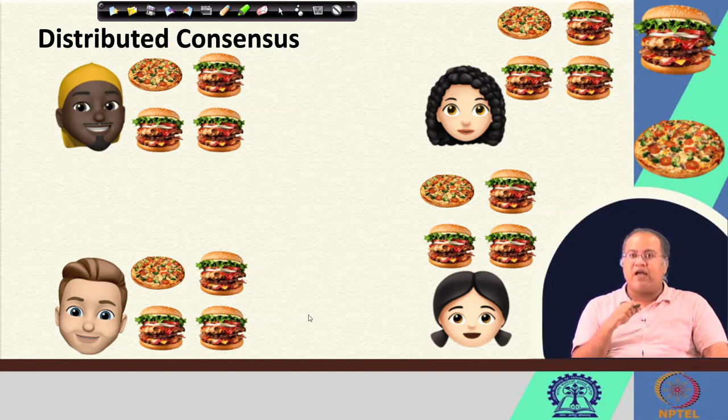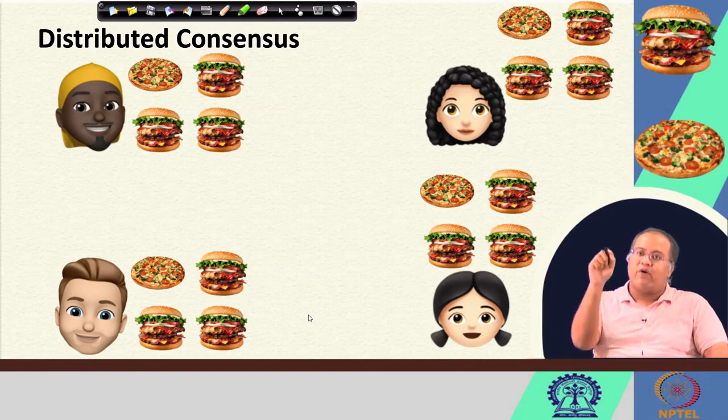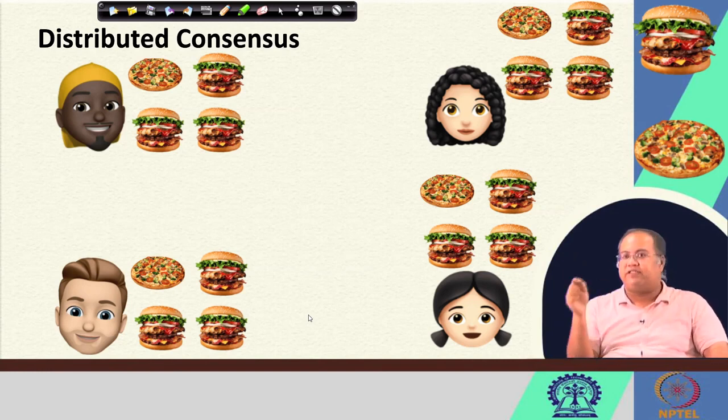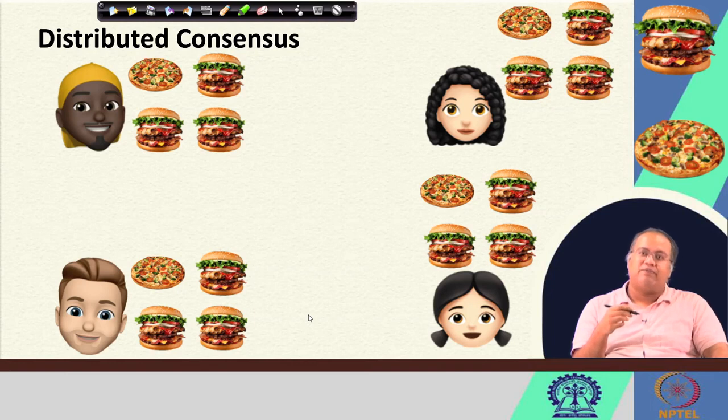So, you can find out what your friend X prefers, what Y prefers, what Z prefers, and so on. That way you will have a collection of choices, and everyone can find out from there what the majority is, whether the majority is looking for burger or for pizza. Accordingly, you can decide, let us go for burger or let us go for pizza.